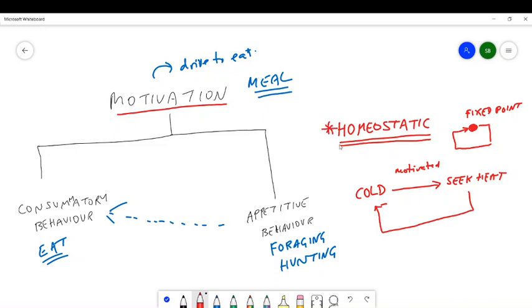Now that's fine, that's true, and it does describe a lot of the things that we do. When we're thirsty, we're motivated to get a drink. When we're hungry, we're motivated for food. When we're at the bottom of the pile socially, we're motivated to advance ourselves and so on.